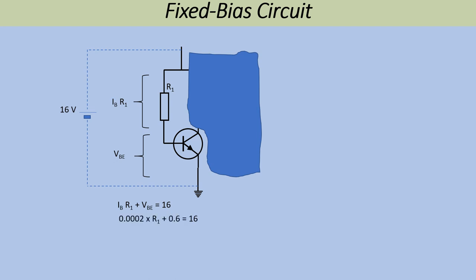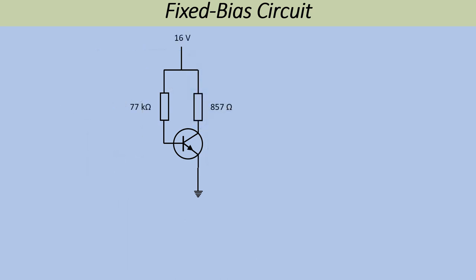The base-emitter voltage is typically 0.6 volts, so I'm going to plug in 0.6 volts for the base-emitter voltage, and 0.0002 for my base current, because that's 0.2 milliamps expressed in amps, and that's equal to 16. When I subtract 0.6 from both sides, I end up with 0.0002 times R1 is 15.4, or dividing both sides by 0.0002, I end up with 77,000 ohms or 77 kilohms. So I've calculated my two bias resistors using this fixed bias circuit.